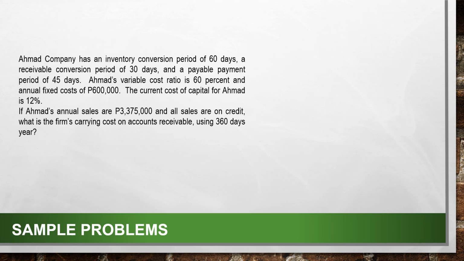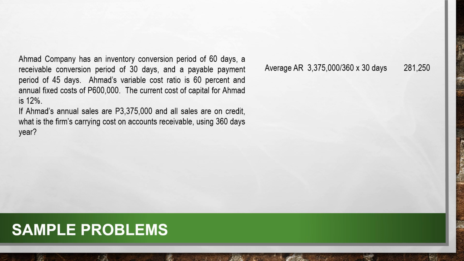The current cost of capital for Ahmad is 12%. If Ahmad's annual sales are 3,375,000 and all sales are on credit, what is the firm's carrying cost in accounts receivable, using 360 days per year?